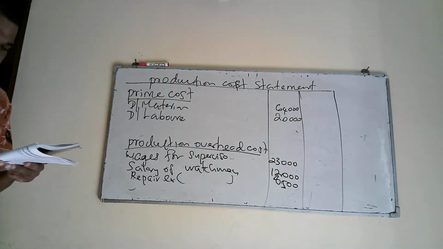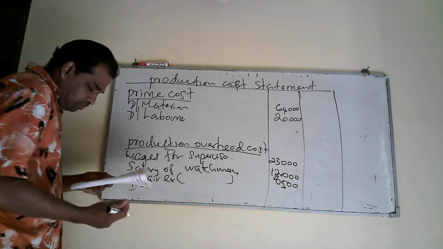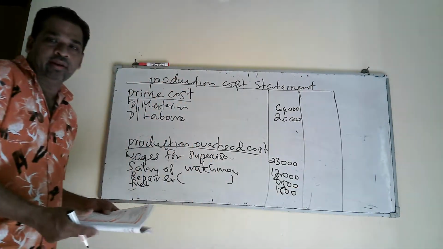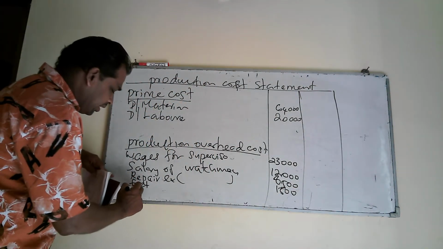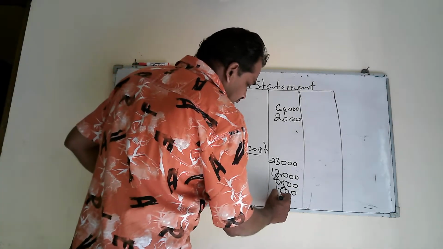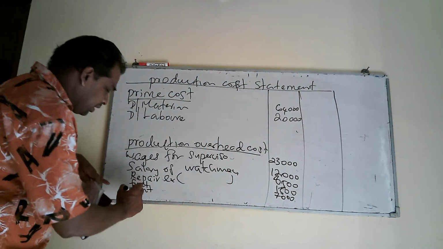Next item, fuel for factory, 1,500. At the exam, you have to write all the terms correctly. Rent for buildings, 7,500. Electricity cost 2,500.